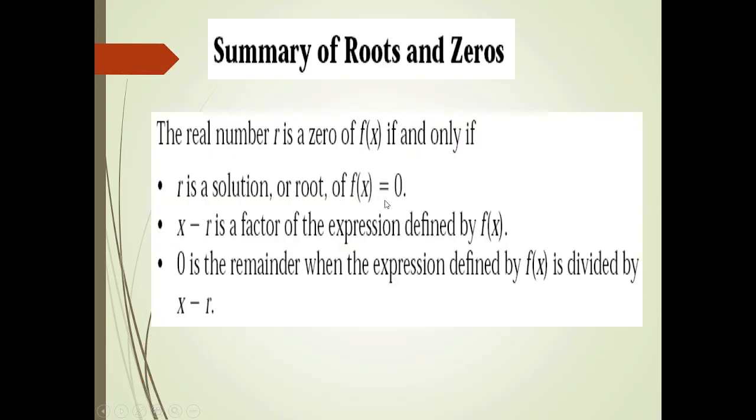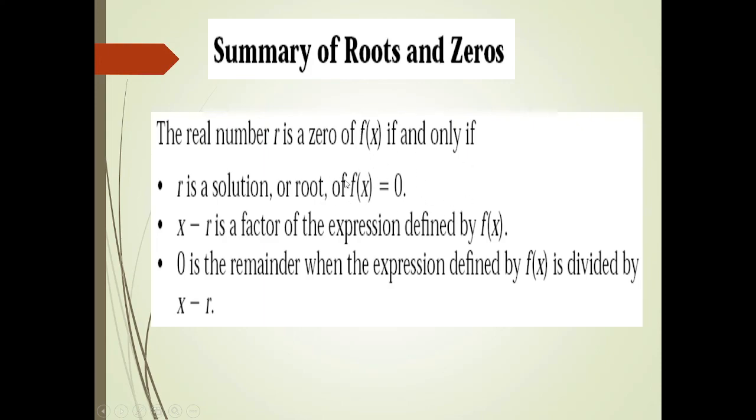For the summary of the roots and zeros of a polynomial equation, remember: the real number r is a zero of f of x if and only if r, or c in other books, is a solution or root of f of x equals 0.